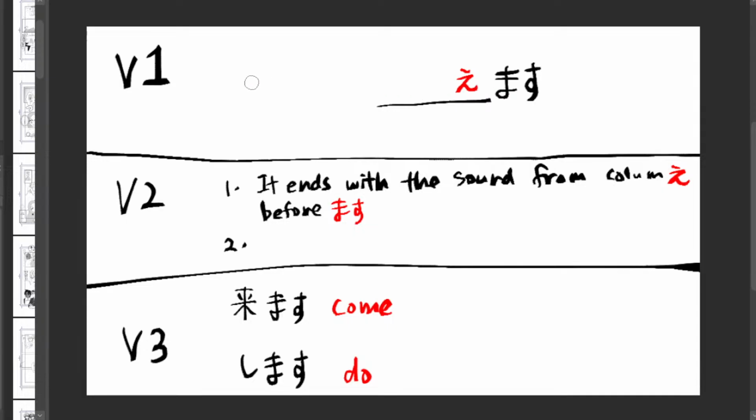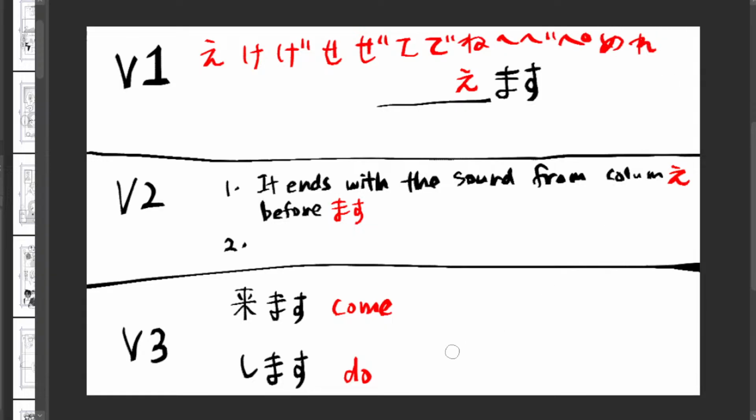In column E we have e, ke, ge, se, ze, te, de, ne, he, be, pe, me, re. If the verb's sound before masu is any sound from this column, then it belongs to the V2 group.